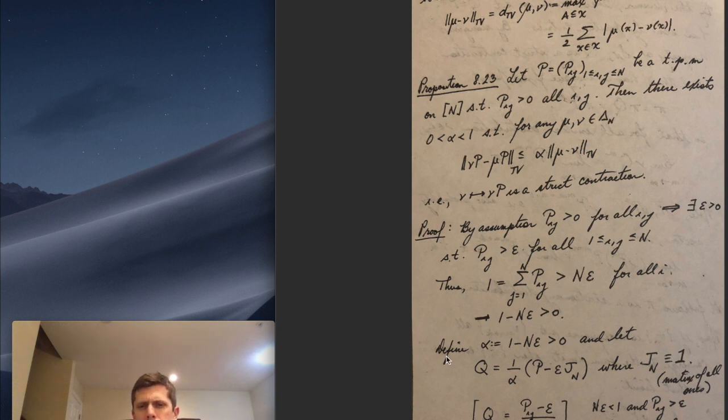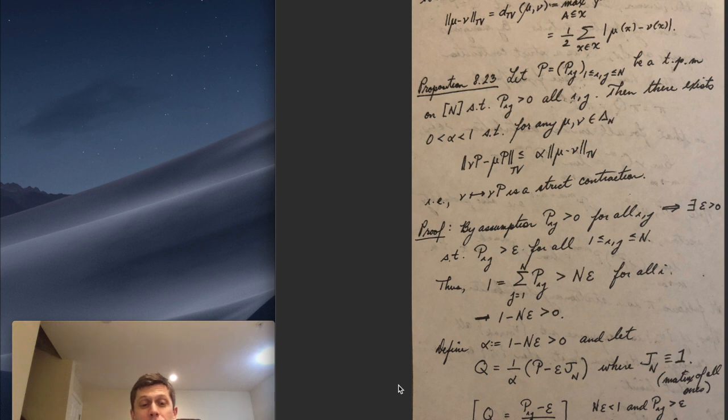So we're going to define alpha to be 1 minus n epsilon. That's the alpha that plays the role up here. And we define a new transition matrix Q, where we take P and subtract off epsilon, the lower bound on the values of all the entries.